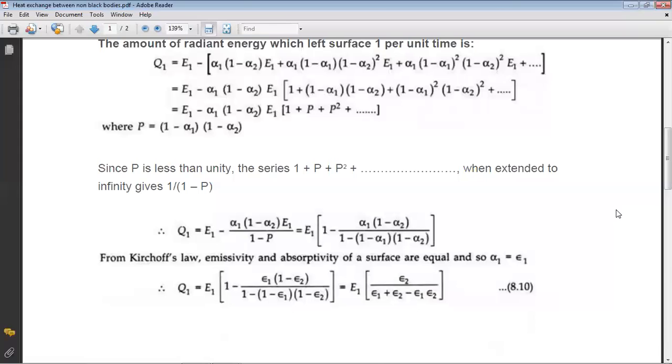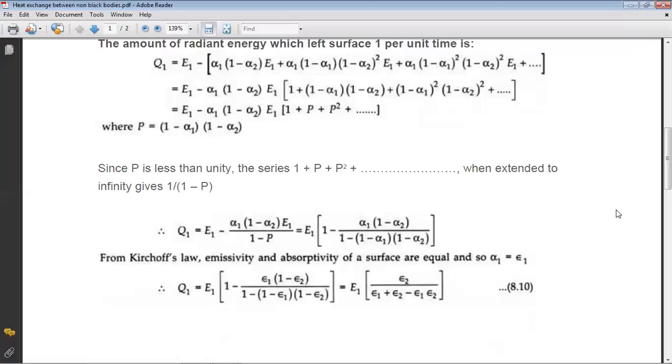Now if you take E1 common, you will have expression Q1 is equals to E1 into 1 minus of alpha 1 into 1 minus alpha 2 divided by 1 minus of 1 minus alpha 1 into 1 minus alpha 2.